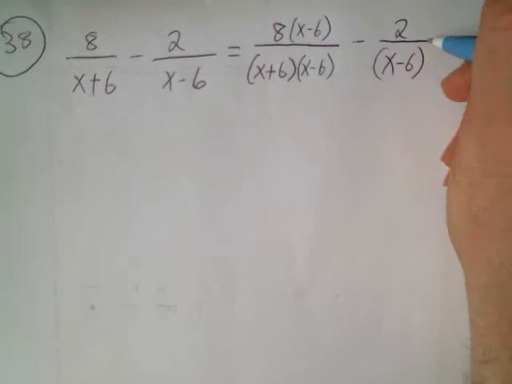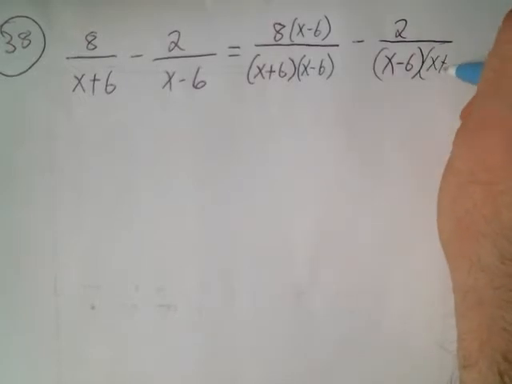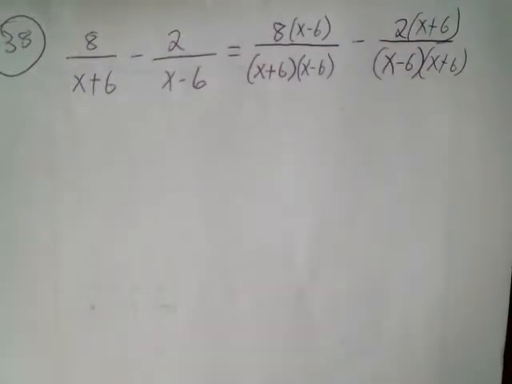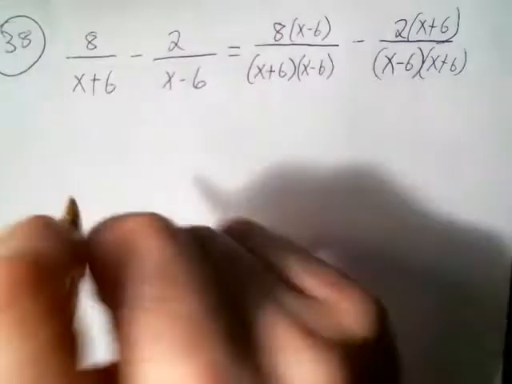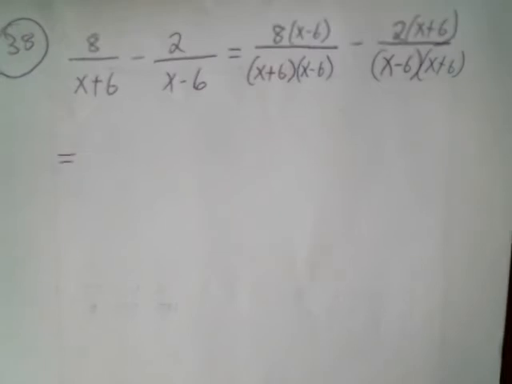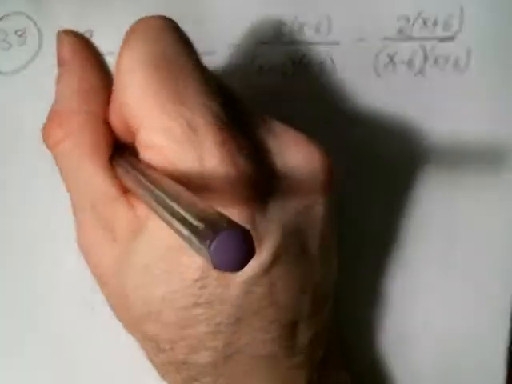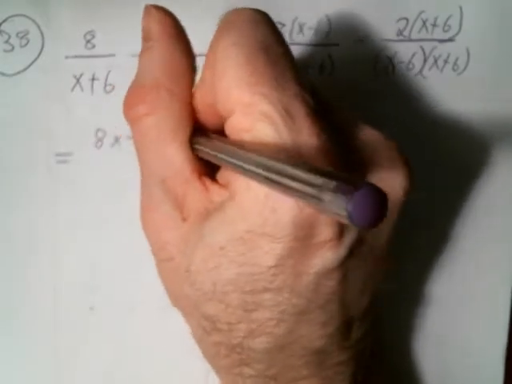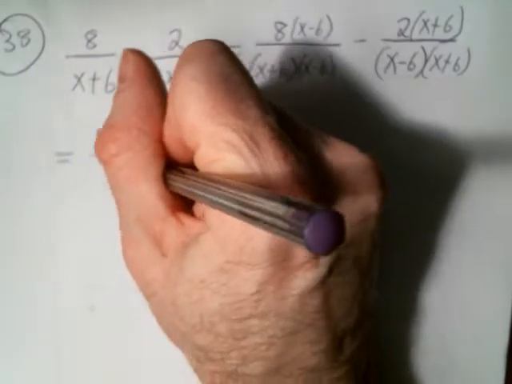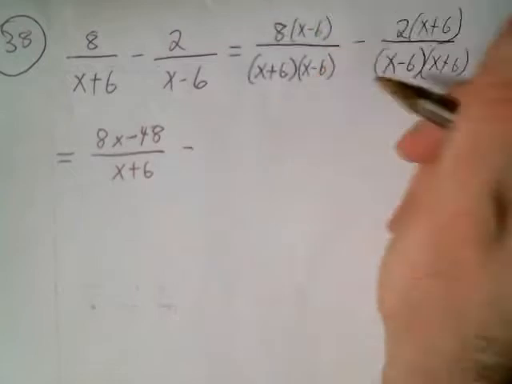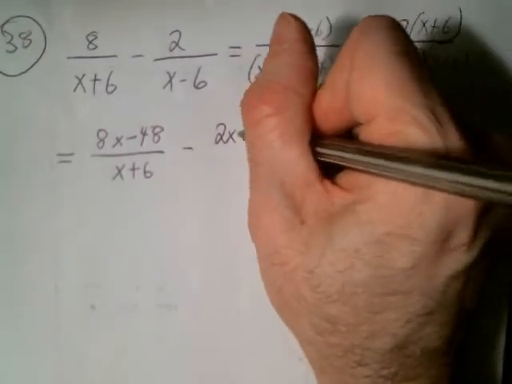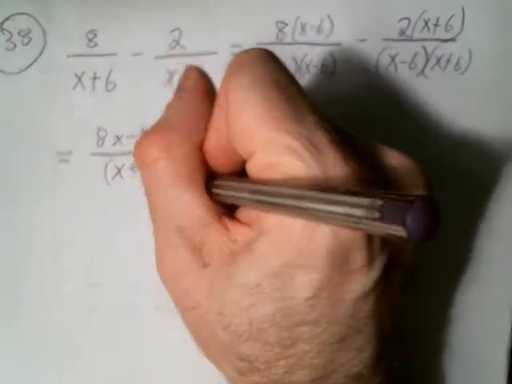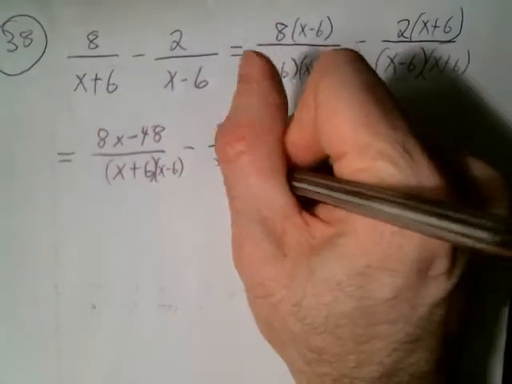And then this denominator needs an x plus 6. Okay, so I have 8x minus 48 all over x plus 6 minus, if you wish, 2x plus 12 all over, oops, and the denominator is x plus 6, x minus 6.